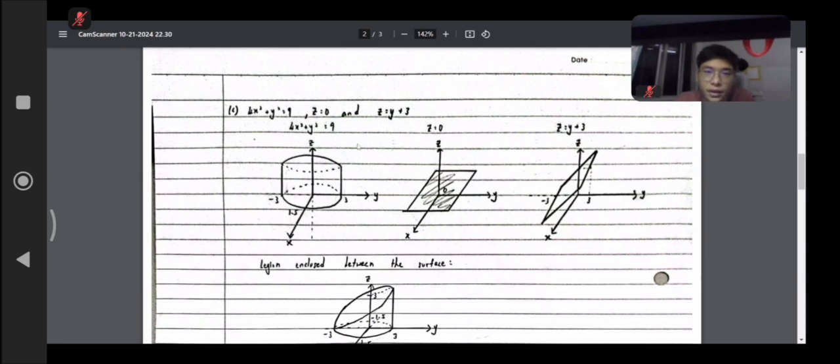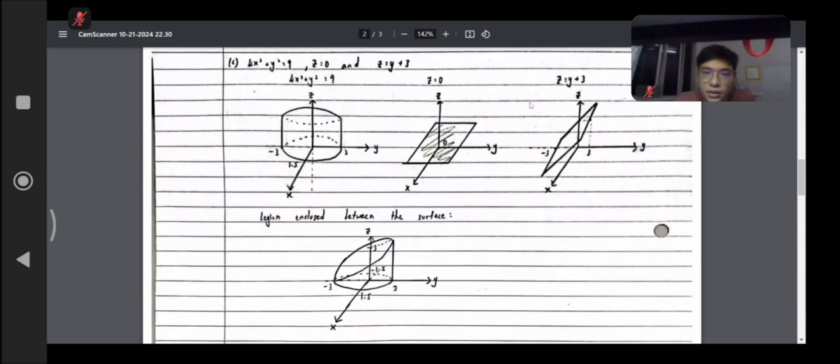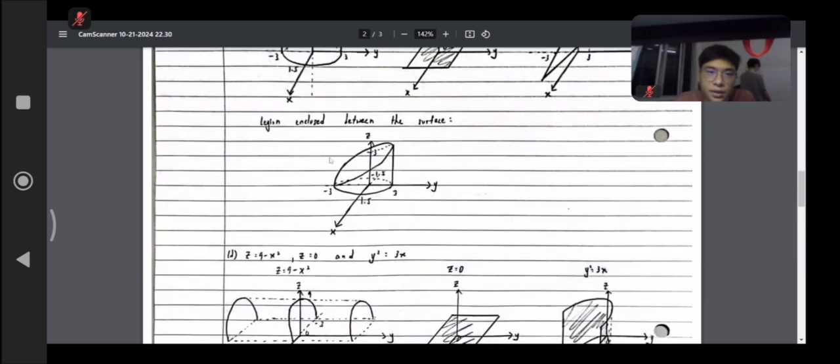And z equal to 0 will become the plane of the elliptical column. The equation z equal to y plus 3 will become a shape that will cut the elliptical column. So the region enclosed between the surfaces will be like this.